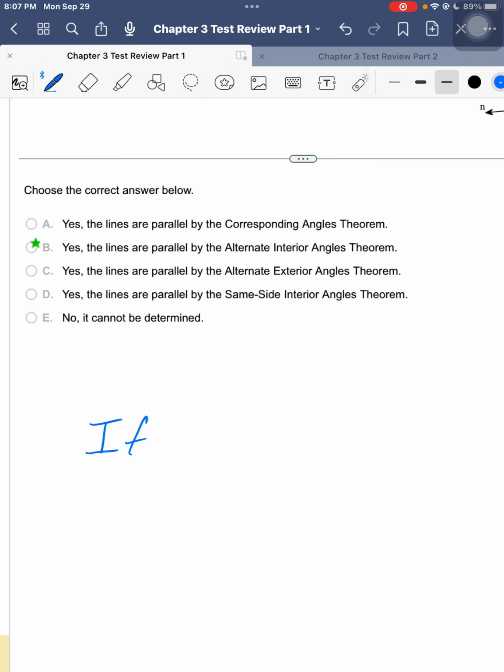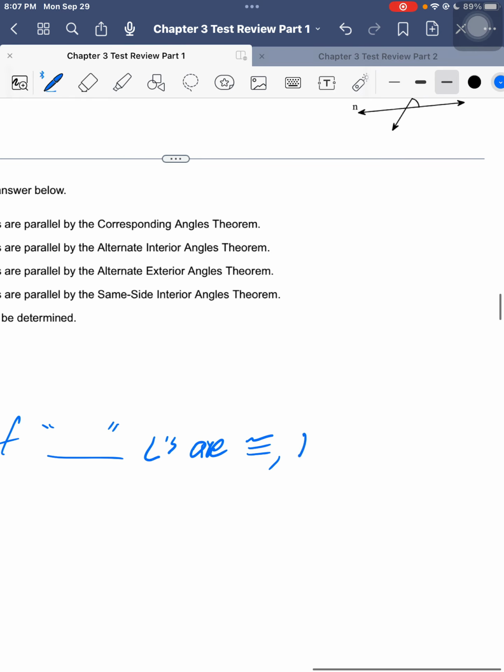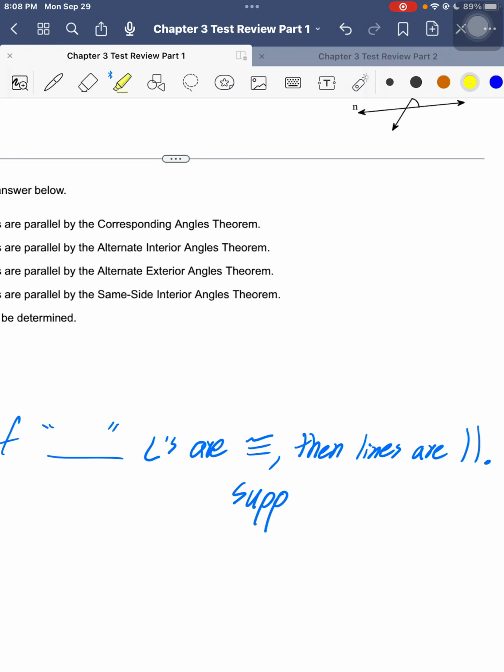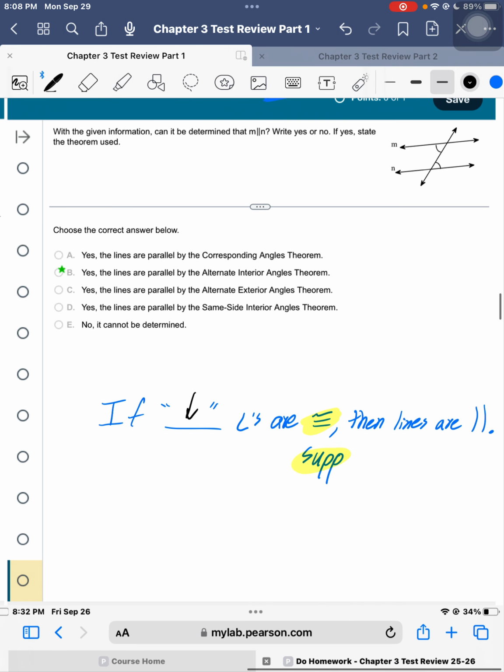Remember our little template that we used: if blank angles are congruent, then lines are parallel. We also have the one for supplementary here. So these two are very important. Whatever I decide to put on here, I can continue reading this.